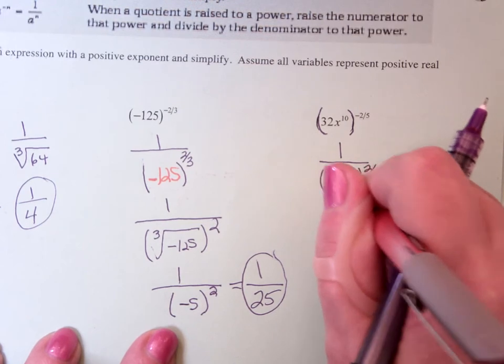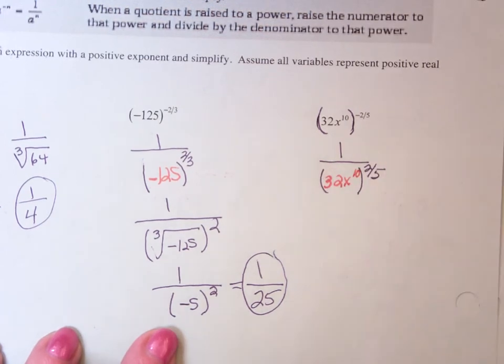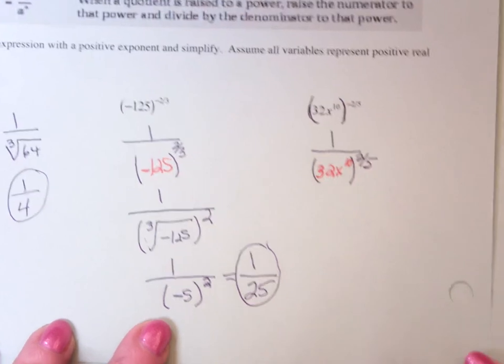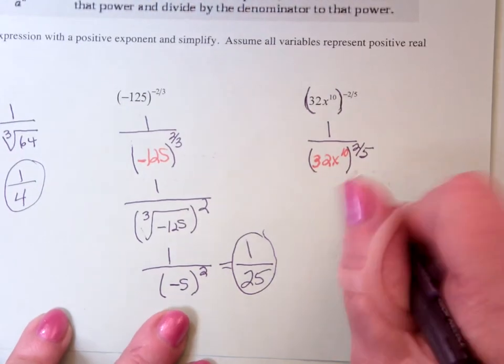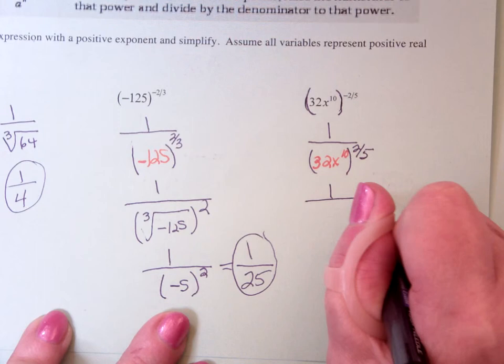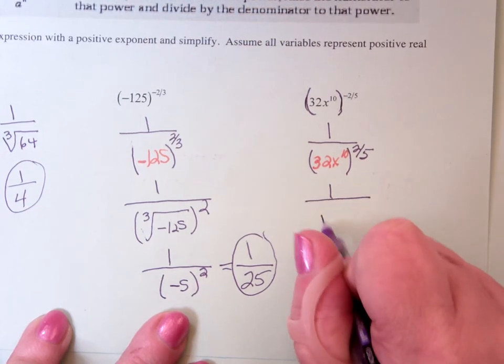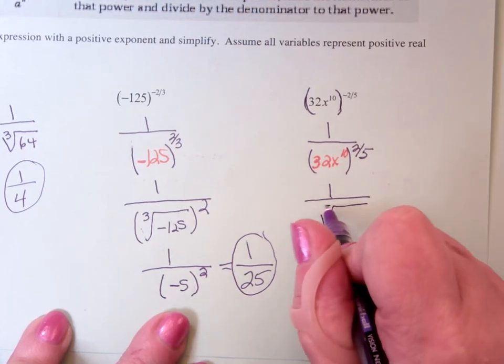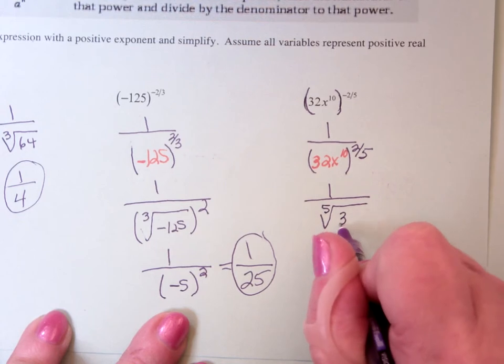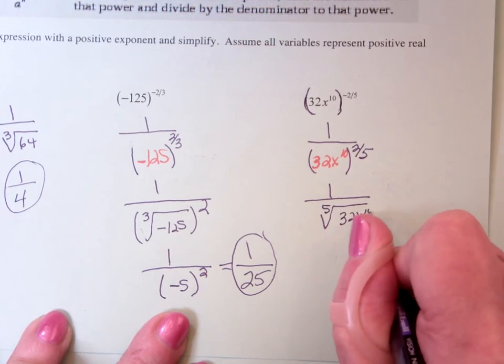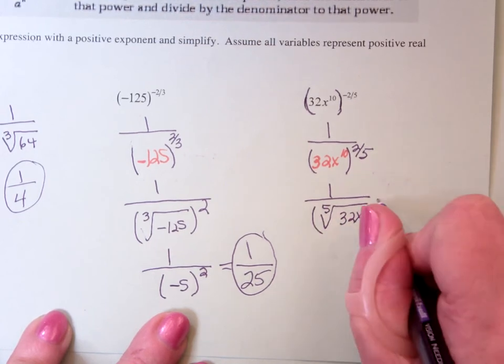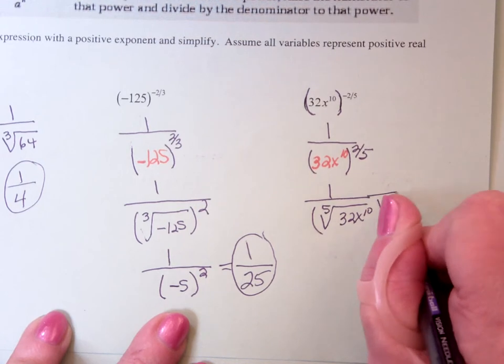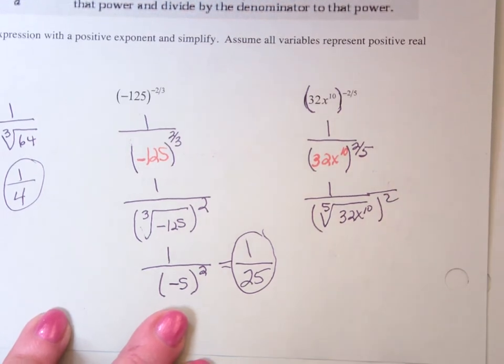It's 32x to the 10th. So this becomes 1 over the 5th root of 32x to the 10th, and then I power it. Root, then power.